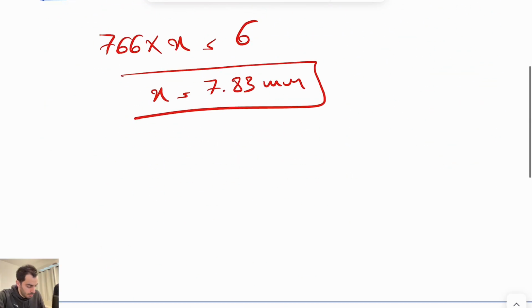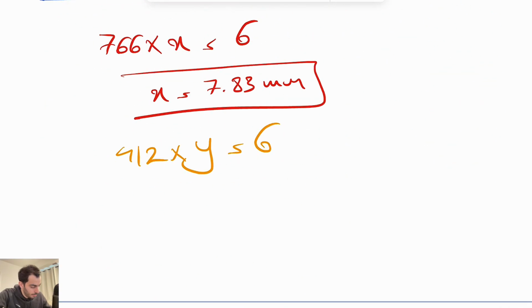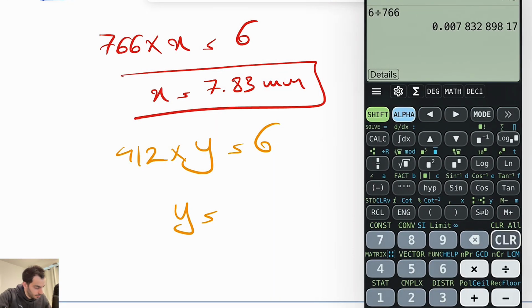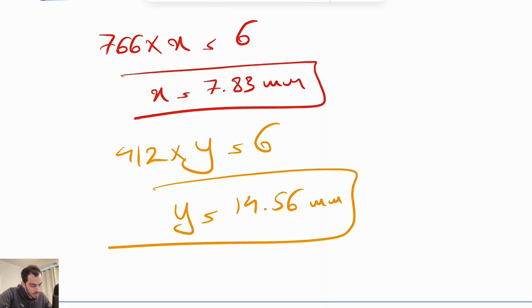It's going to be the same moment, so y would be 6 divided by 412, and we multiply by 1000 to get it in millimeters, 14.56 millimeters. And that's going to be the final answer.